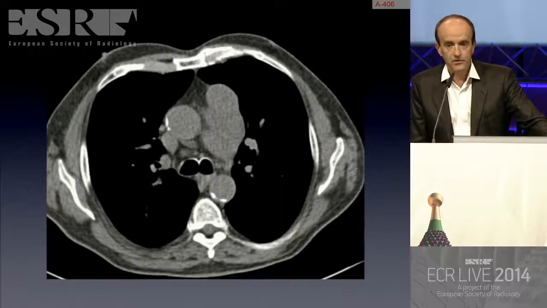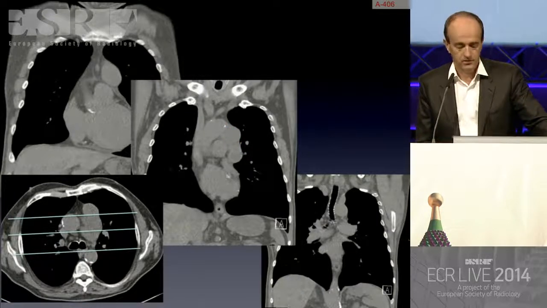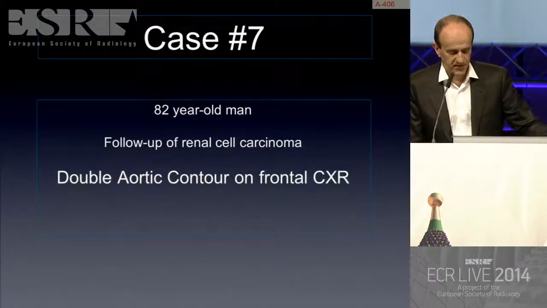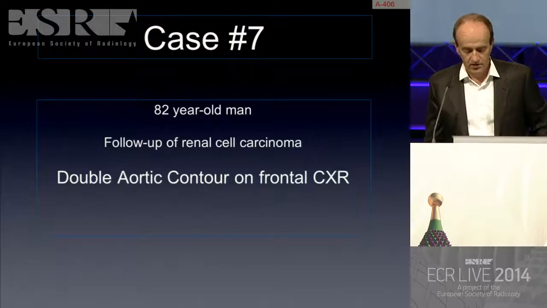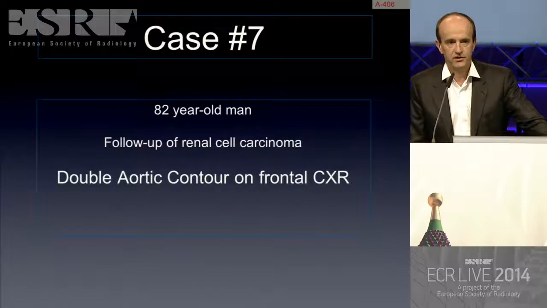Here, the axial view of this mass and some coronal views of the aortic arch, the pulmonary artery, and the mass. Remember the aortopulmonary window. There is the mass. So a double contour of the aortic arch should be detected and is not normal.